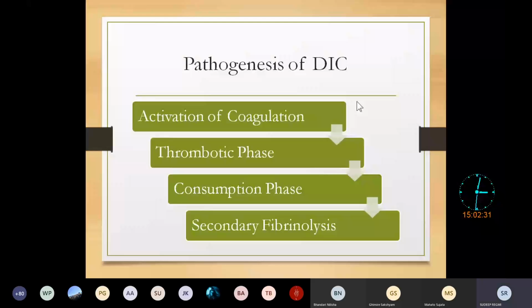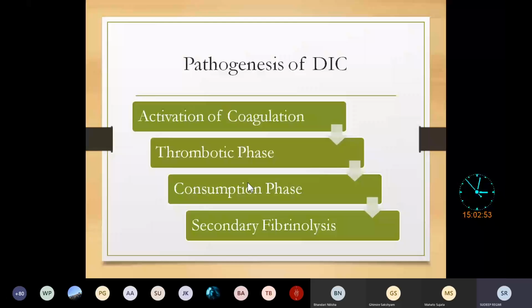Then there comes the thrombotic phase, where there will be widespread or disseminated formation of the microthrombi. Then this microthrombi formation will lead to consumption of the platelets and the coagulation factors.